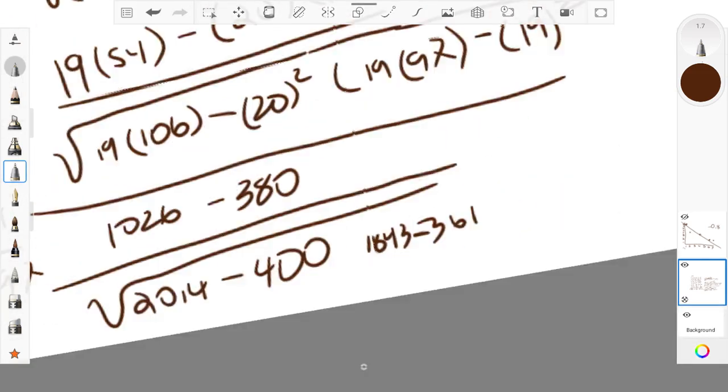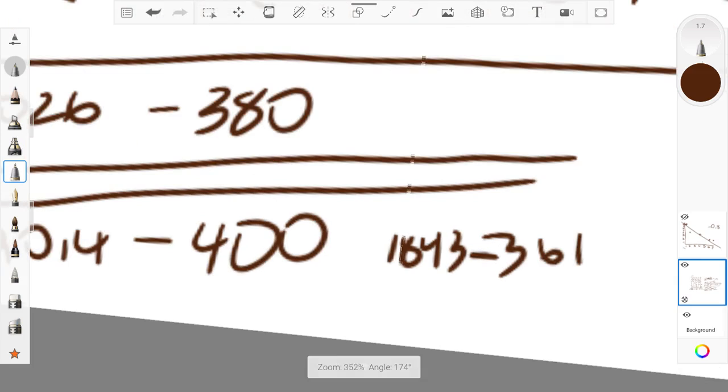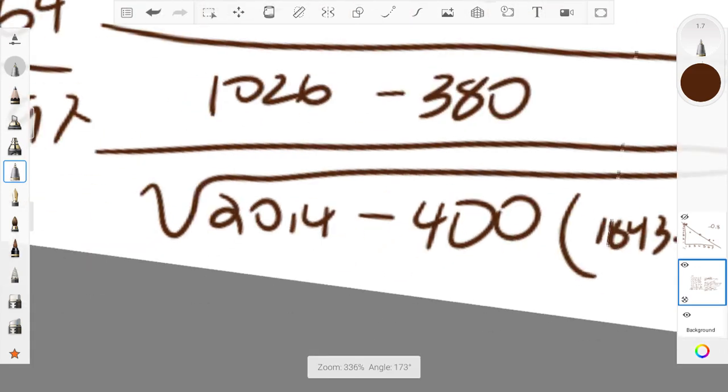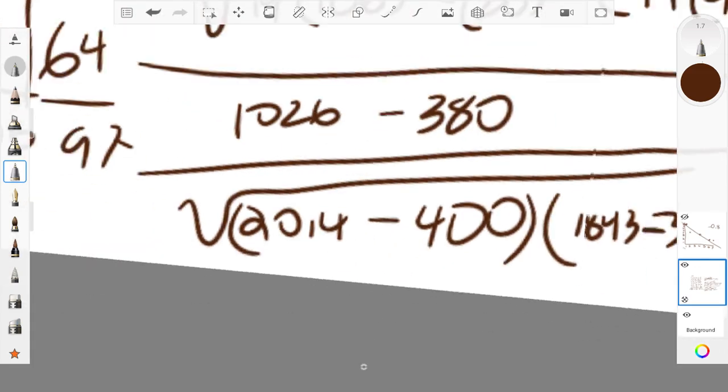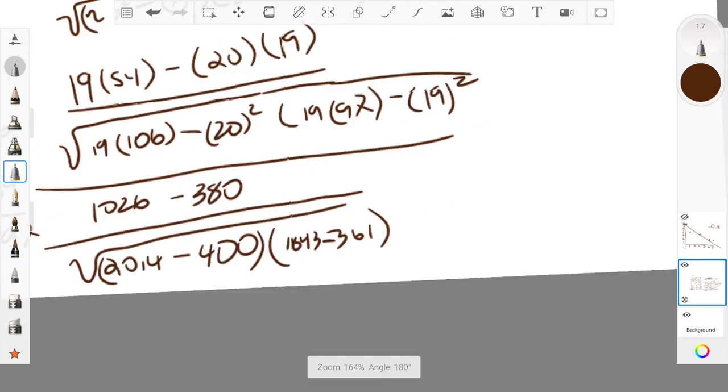Minus. These two are in their own parentheses. And now we're going to move that all over here.